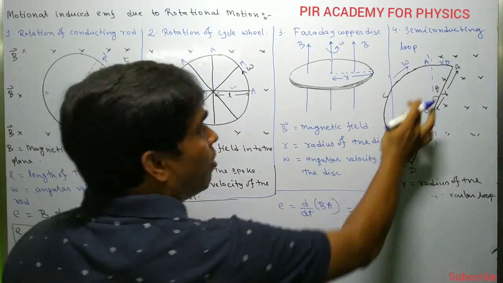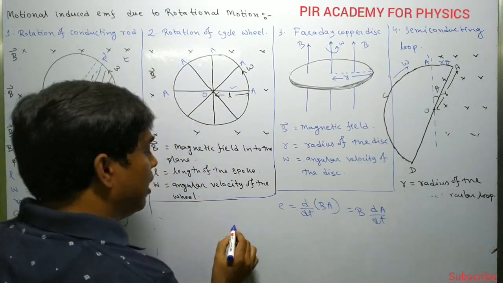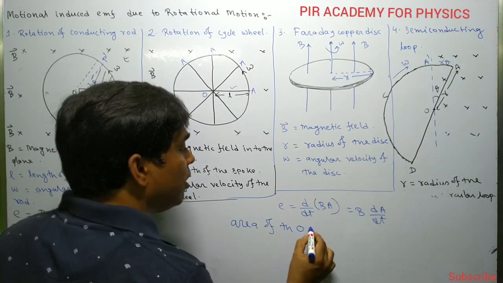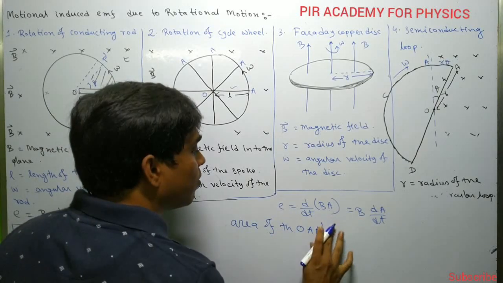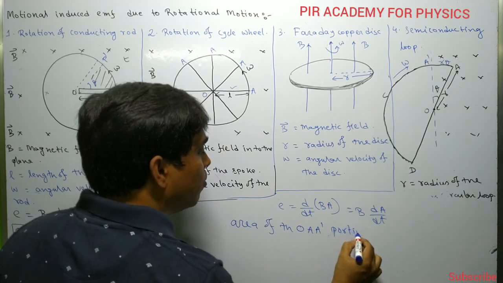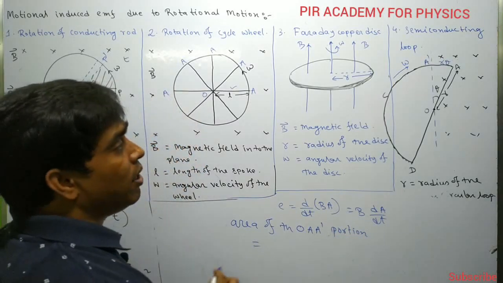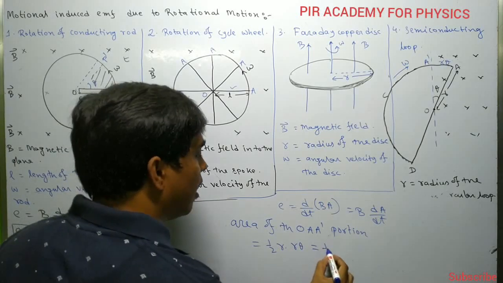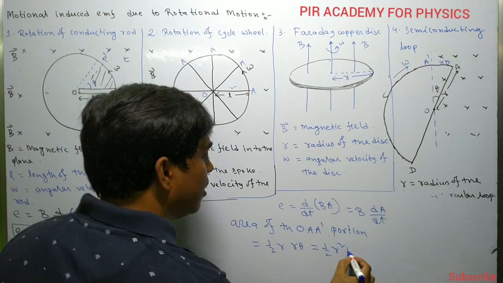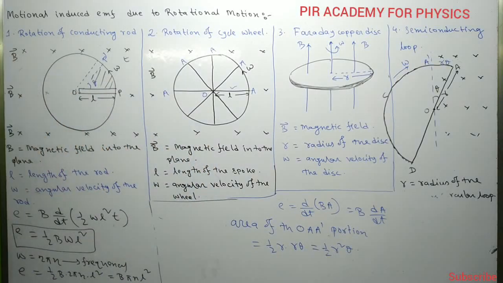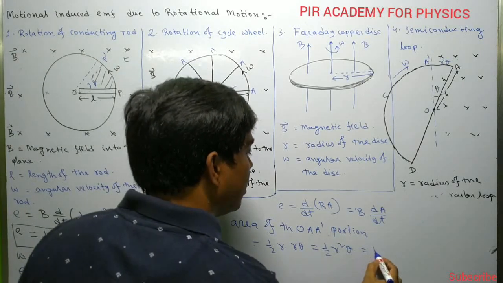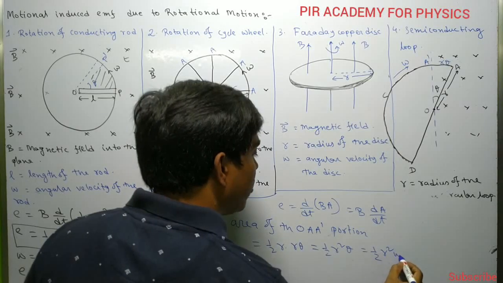The area of the OA dash portion will be half R into R theta, that means half R square theta, and theta is omega t, so half R square omega t.